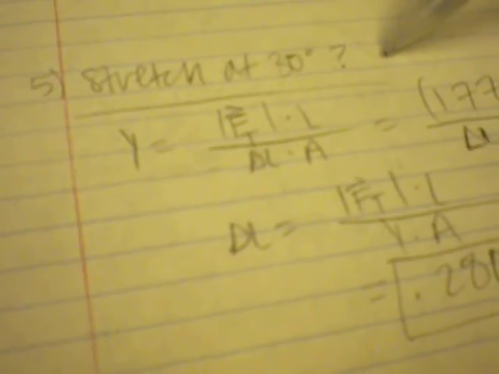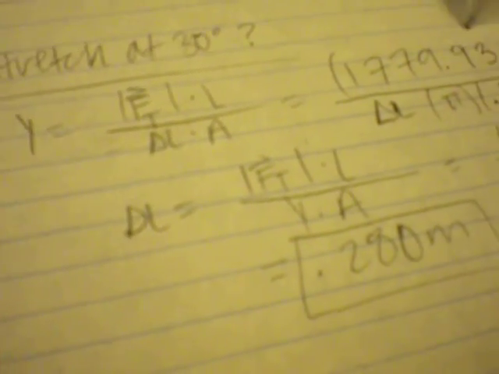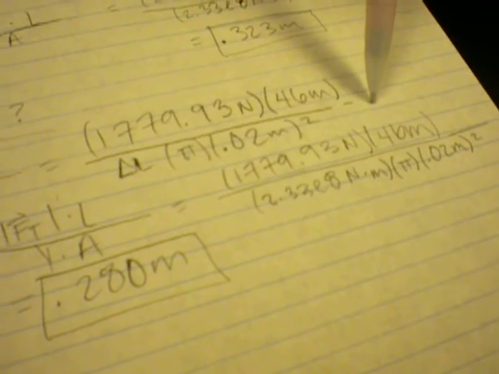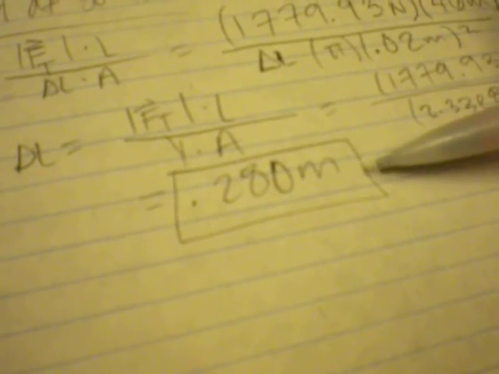And then the stretch at 30 degrees would just be the same thing. You would use Young's modulus to solve for delta L, only you use the F tension that you got in the other problem at 30 degrees, which would give you approximately 0.280 meters for your stretch.